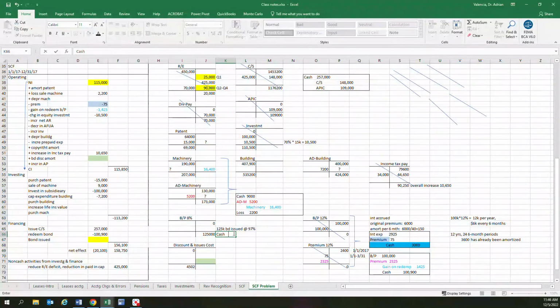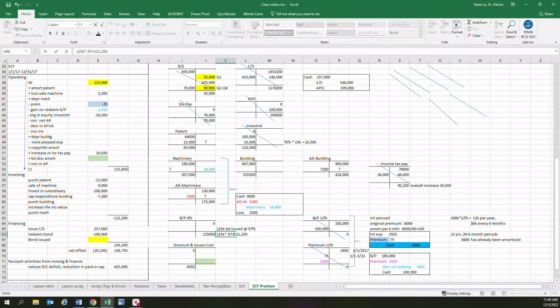This is cash, 120,411. Actually, let me do the math. It's going to be the 125K times 97%, which gives us 121,250.